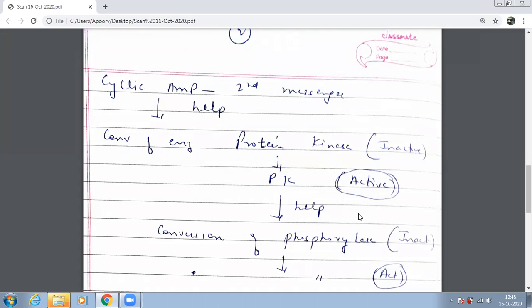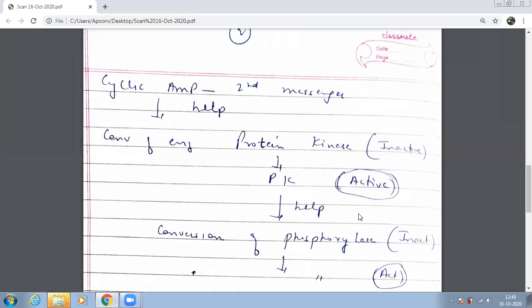Okay, so can they easily enter the membrane? No, ma'am. No, they cannot enter. So where are the receptors present? On the surface of the cell membrane. Such receptors, which are present on the outer surface of the membrane, are called extrinsic receptors.